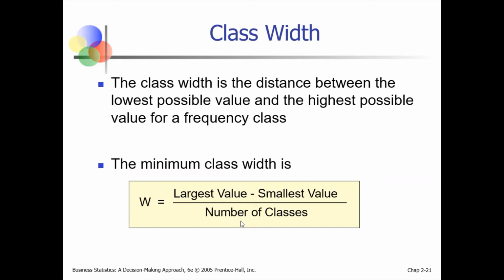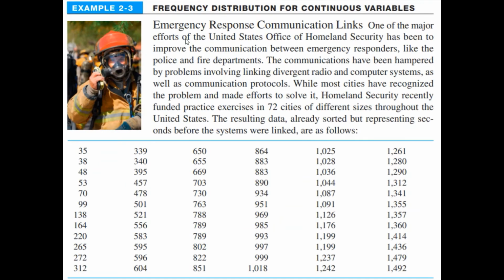So, to understand clearly, maghatag ta og example. So, this is an example: emergency response communication links. One of the major efforts of the United States Office of Homeland Security has been to improve the communication between emergency responders like the police and fire department.